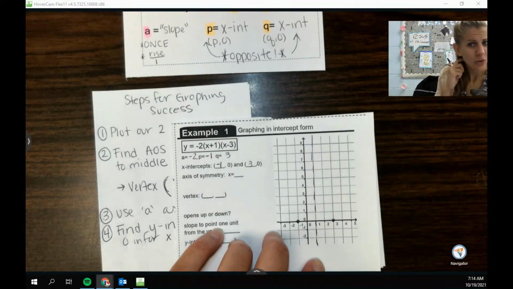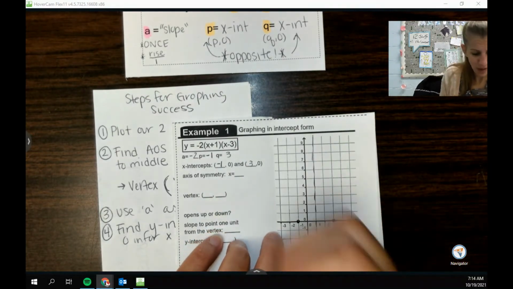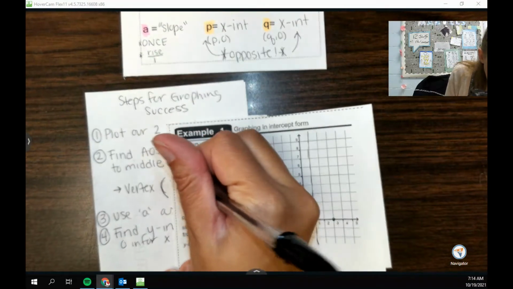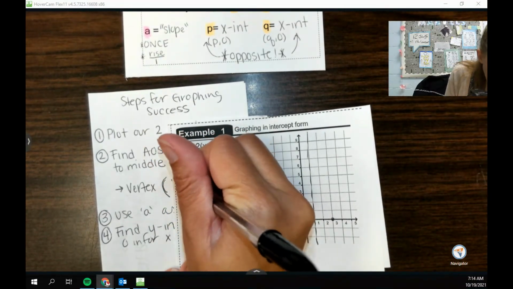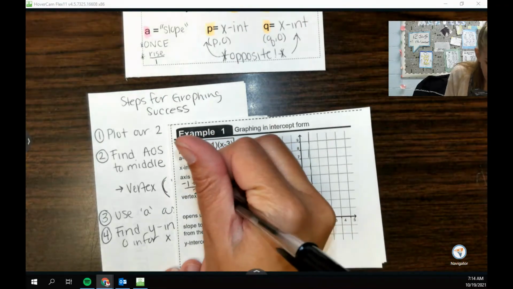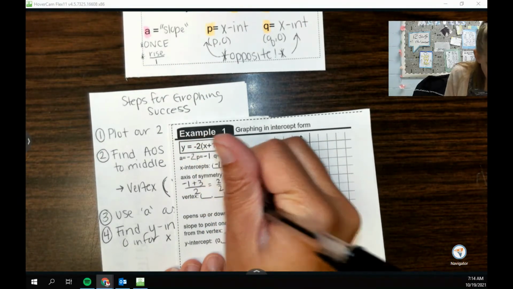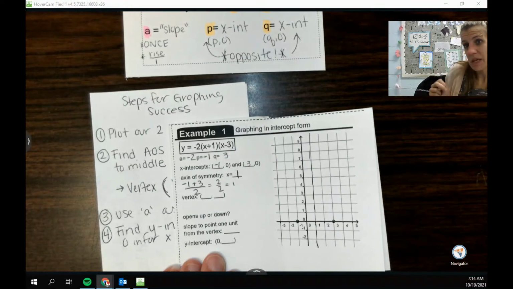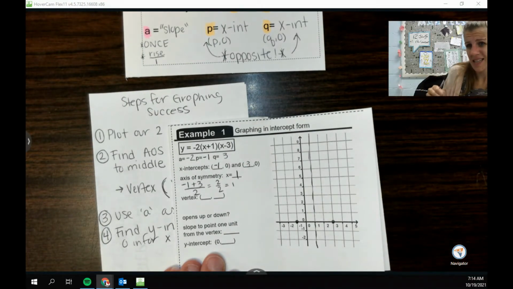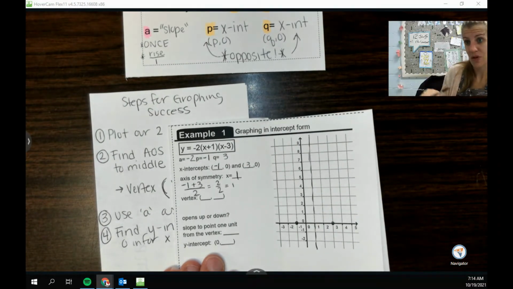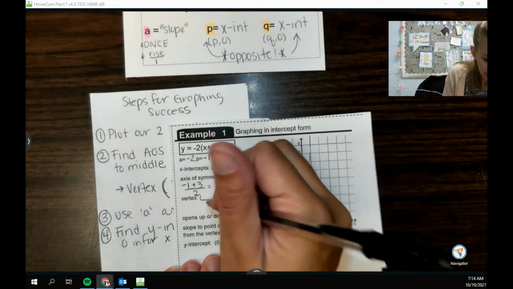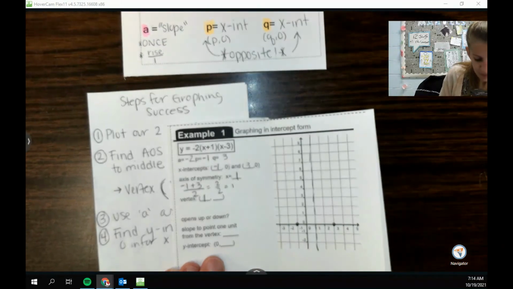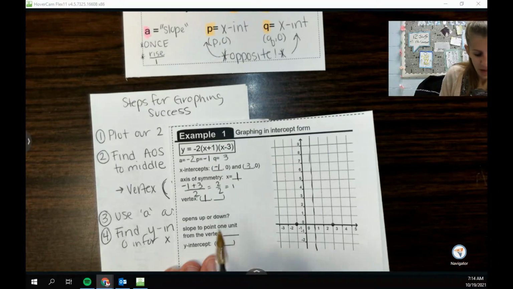But just to show you how that little formula works, if I take my -1 plus 3, my x-intercepts, and divide by 2, we end up with 2 over 2, which is 1. I just think it's easier to count, but sometimes we forget that step because we're not doing math, we're just counting. So it's nice if you have a formula for some people.